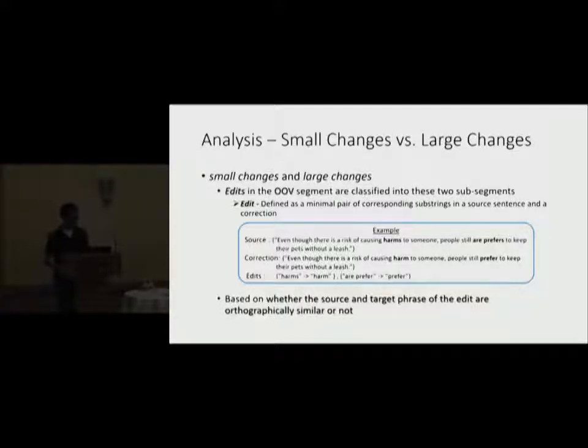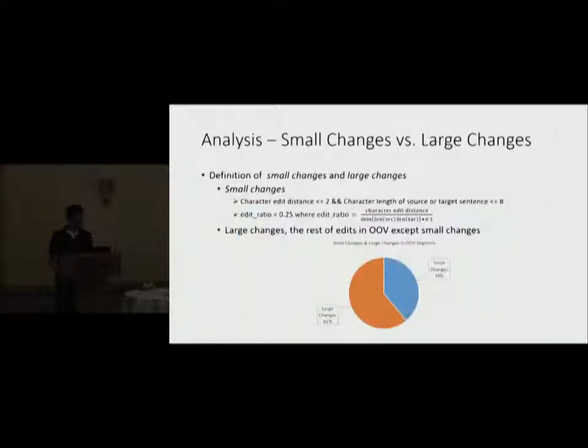So here is the definition of what we call small change compared to large change in ADIC terms. In the sample in front of you, there are two ADICs. This is based on the source and target phrase of the ADIC, with orthographical similarity or not.